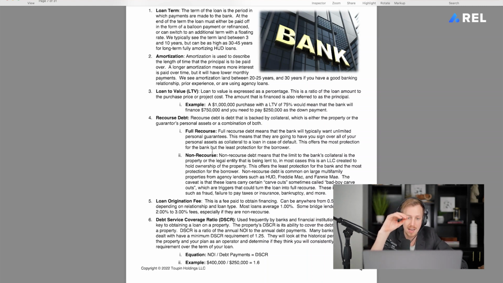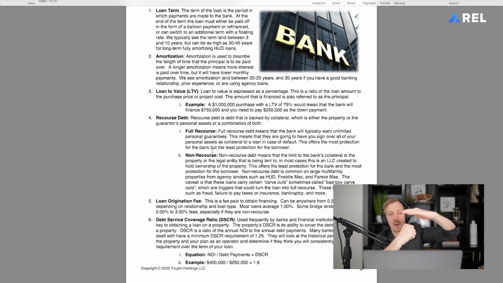So if you guys can imagine, the LLC owns the property, and the owners own interest in the LLC. In a non-recourse scenario, the bank only has collateral of the LLC and everything the LLC owns, which is just that property and its bank accounts.